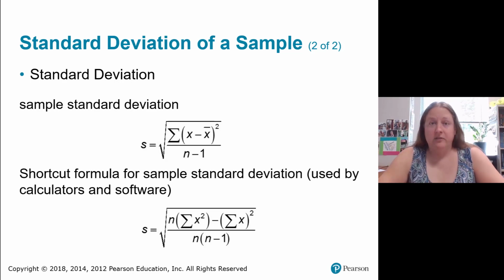So we'll add up all of the data points, and then we'll square that. We subtract it from our previous product, and we divide it by the product of the number of data points in the sample times the number of elements in our sample minus 1.